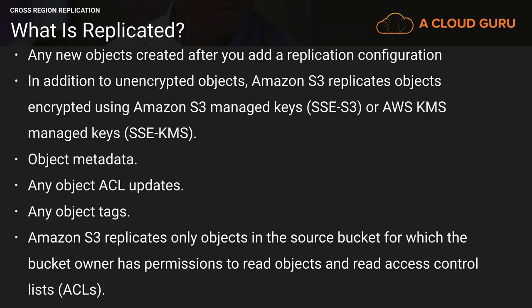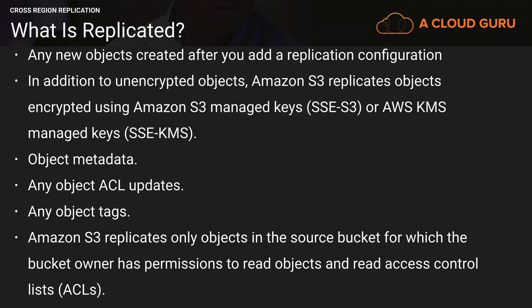It also does do it using the AWS KMS managed keys, but not by default. You actually have to go in and turn that on, and we'll cover that off in the next slide. So yes, it does replicate encrypted objects, mostly by default just using the AWS S3 managed key, so SSE-S3. It can do it using the AWS KMS key, but you have to turn that on. It's not done by default.